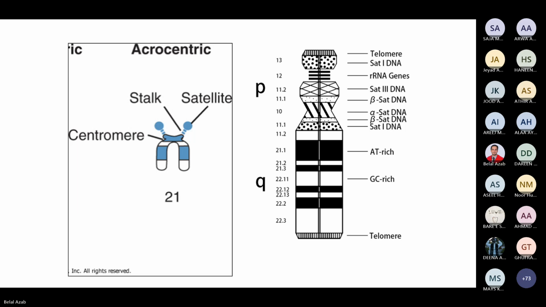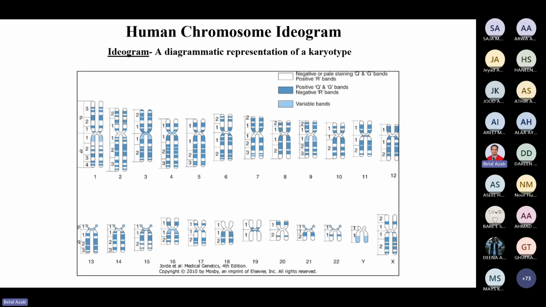Now, it happens that if you look at a karyotype, and an individual has a deletion in the P-arm of chromosome 13, this will not be clinically relevant, or disease-causing. Why? Can anyone guess?